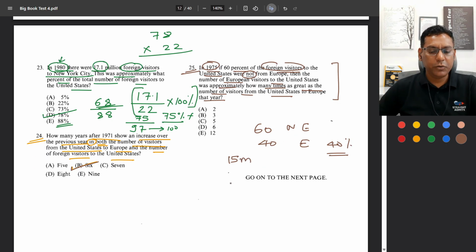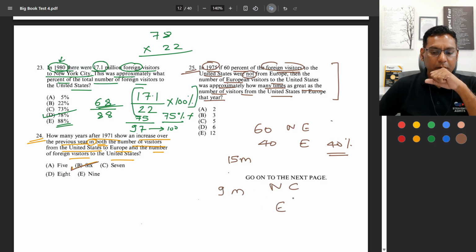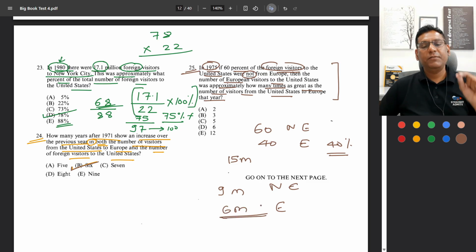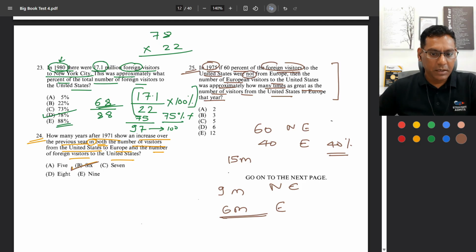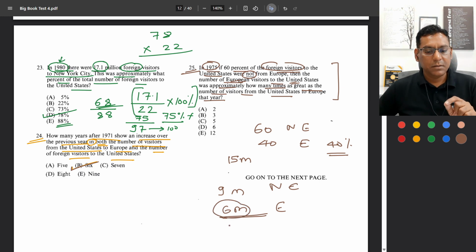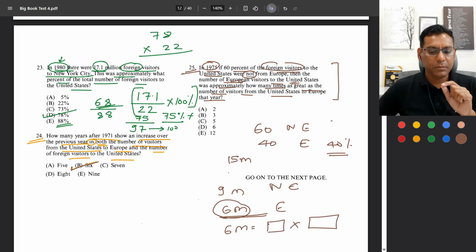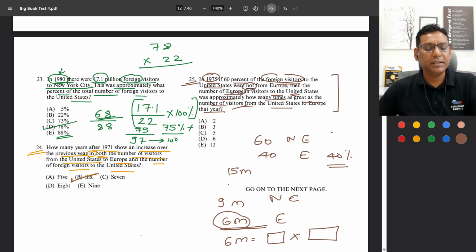Out of that, 60% were non-European. So 60% of 15, that is 9 million, is non-European. European was 6 million. So in 1975, 6 million Europeans came to the US. Now what do I have to do? The number of European visitors to the US, that is this 6 million, was approximately how many times as great as the number of visitors from the US to Europe, in the same year.